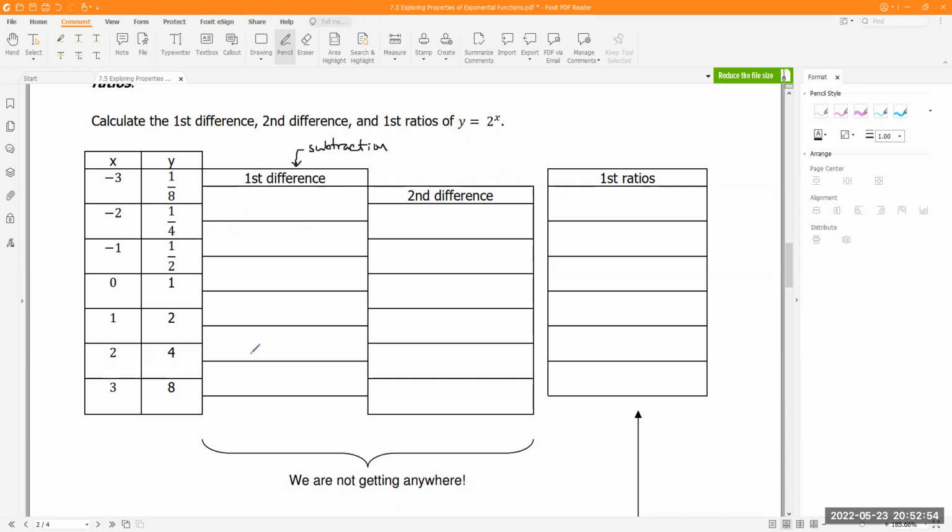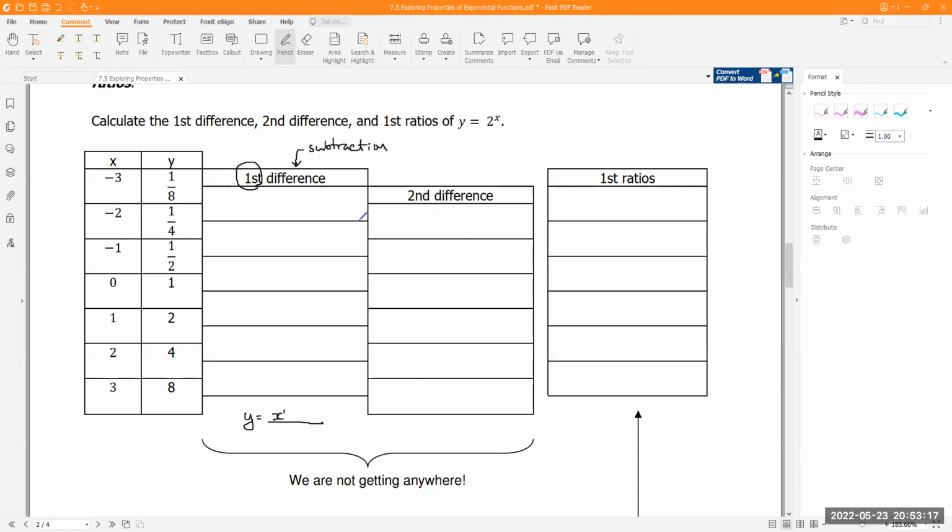You'll see something interesting happen. So just to recap, if I have all the numbers in the first differences, when I subtract all the y values correspondingly, and they all happen to be the same number, then I know that y equals whatever this equation is, x has to be to the power of 1 because it's first difference.